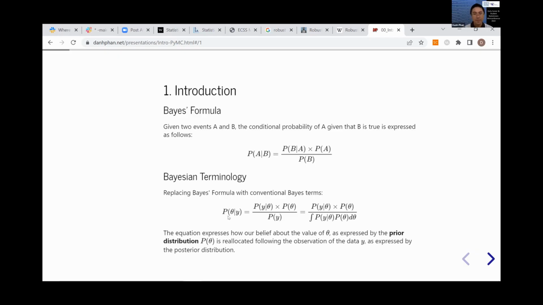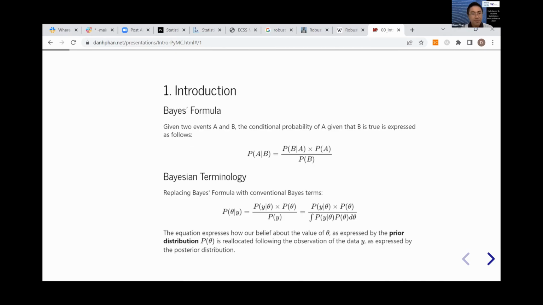That is the idea of the Bayesian approach. In this talk, I will show you how to implement the prior and likelihood, and view the posterior distribution using a simple linear regression example.